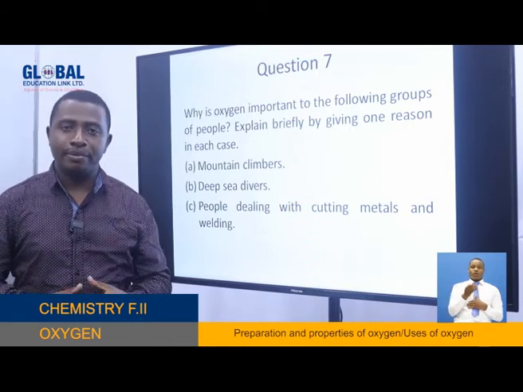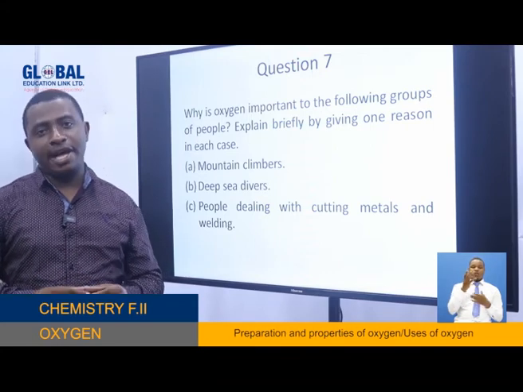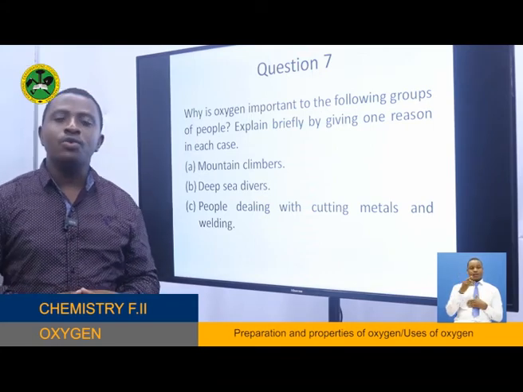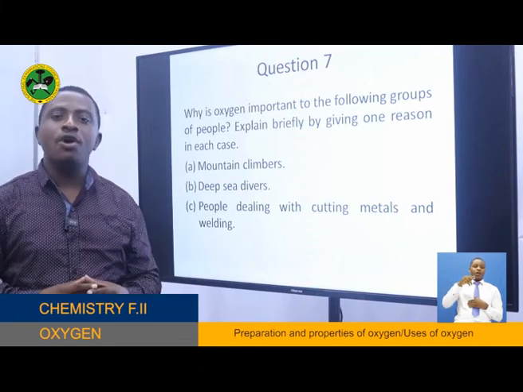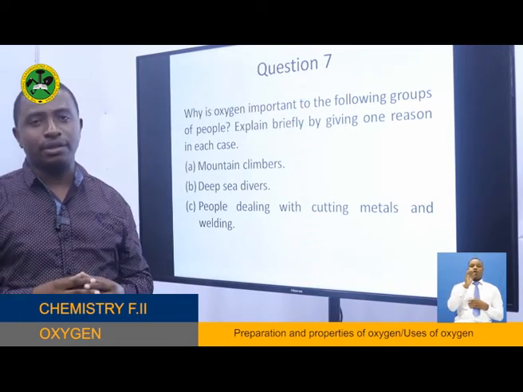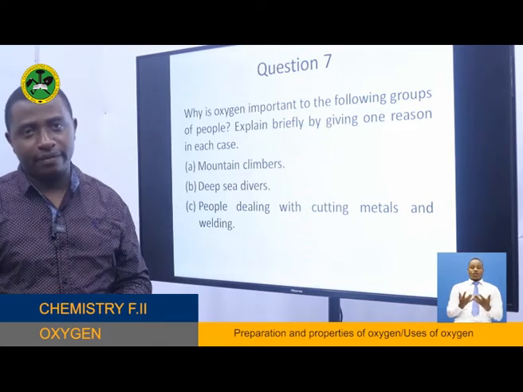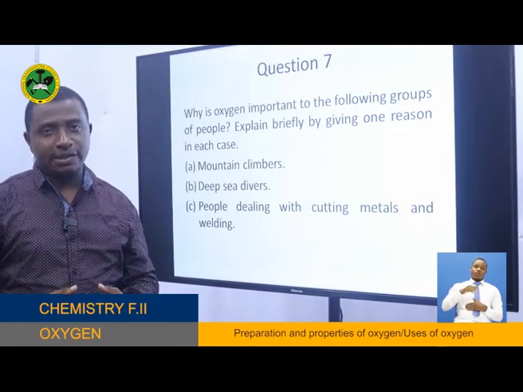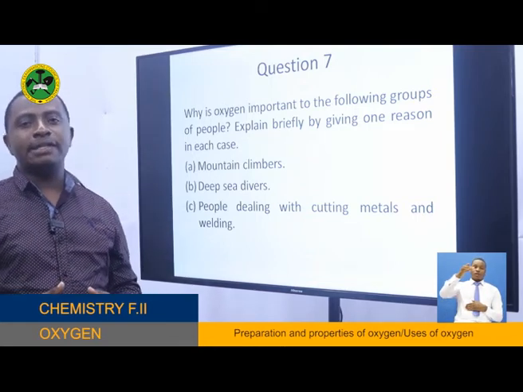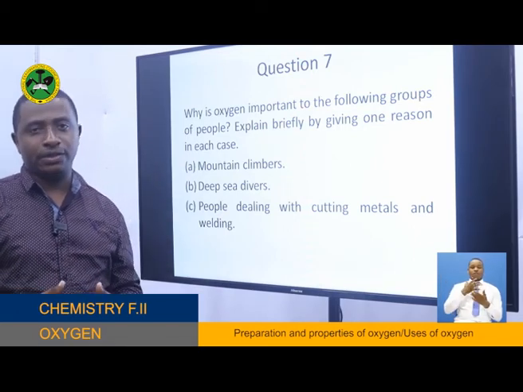Dear students, you remember I said oxygen is denser than air. Therefore, when you go higher in high altitudes, there is low concentration of oxygen. Now, mountain climbers require oxygen for breathing processes.